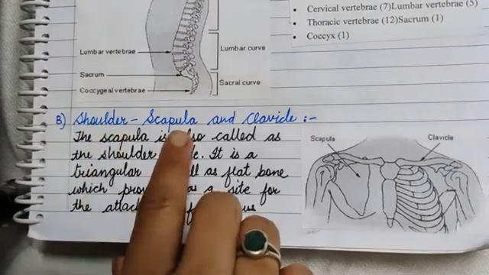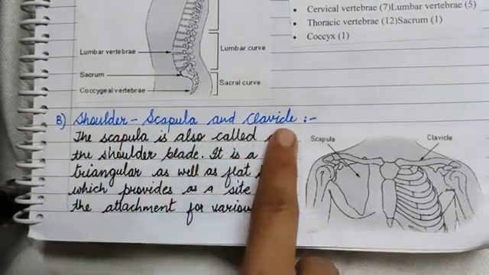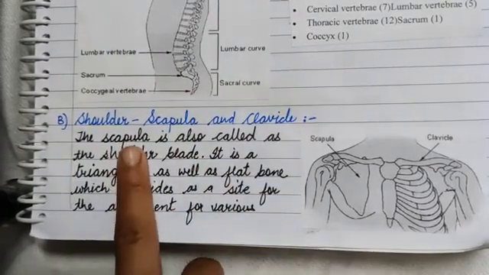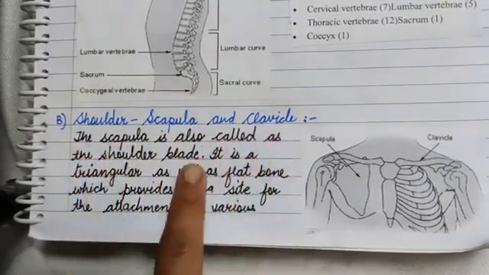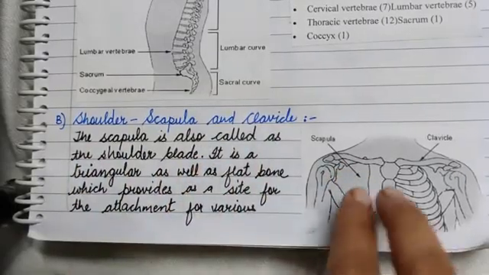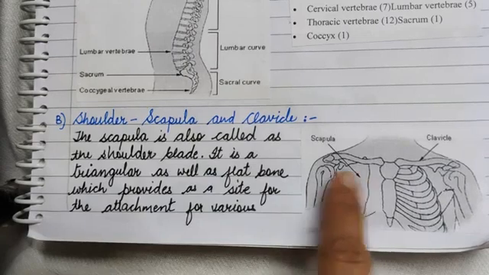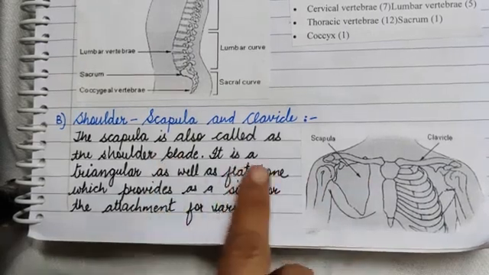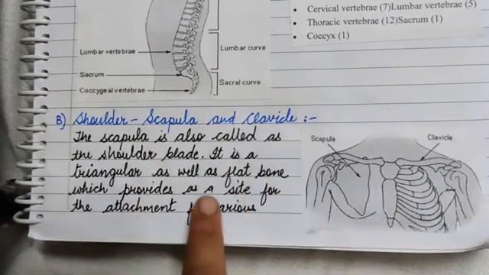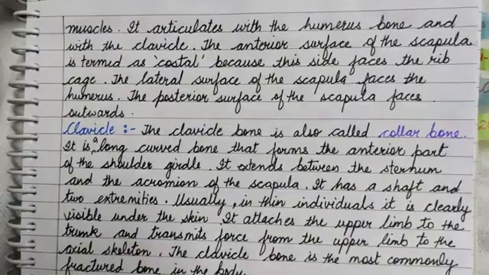B. Shoulder: scapula and clavicle. The scapula is also called the shoulder blade. This is the scapula and this is also called a shoulder blade. It is a triangular as well as flat bone which provides a site for the attachment of various muscles.